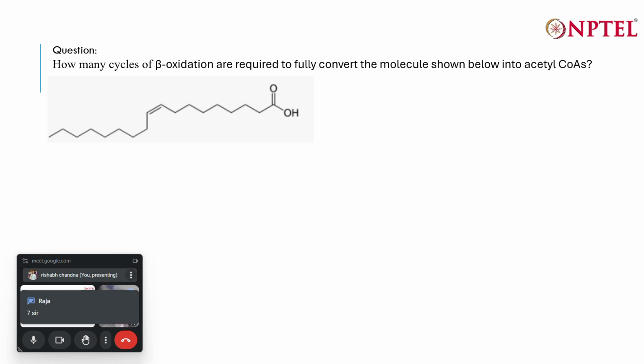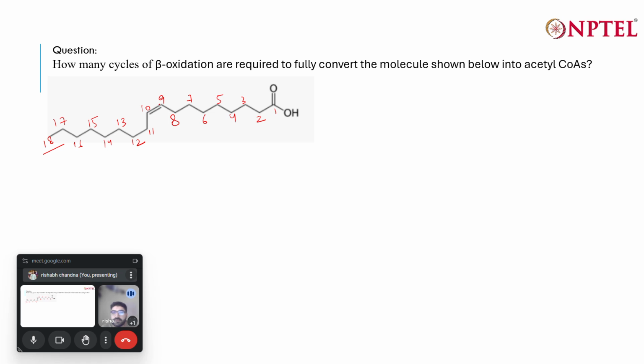Okay, so let's first count the number of carbon atoms that it has. 1, 2, 3, 4, 5, 6, 7, 8, 9, 10, 11, 12, 13, 14, 15, 16, 17, 18.